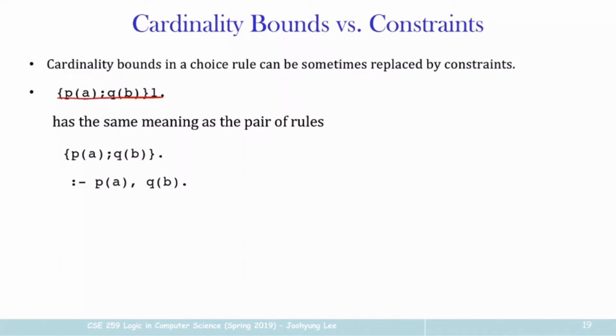So how many stable models will there be for this one? You choose subsets of PA and QB, but the cardinality of the subset is up to 1. Upper bound is 1. How many possible subsets are there?